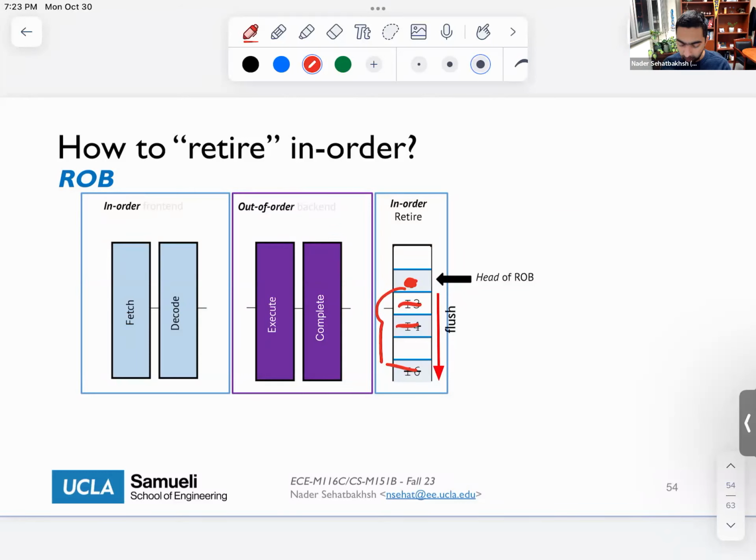In other words, we are always safe to flush things that come after. Everything before is completely safe because a branch doesn't change instructions before it. A branch always changes instructions after it.